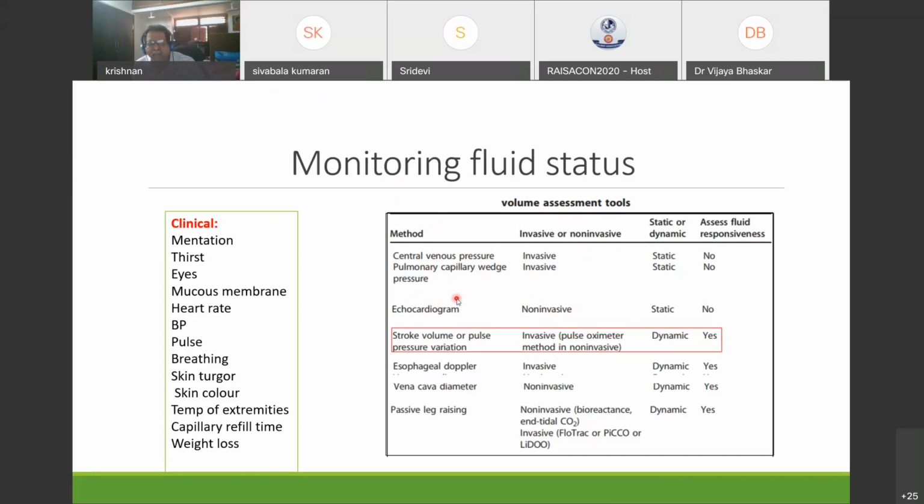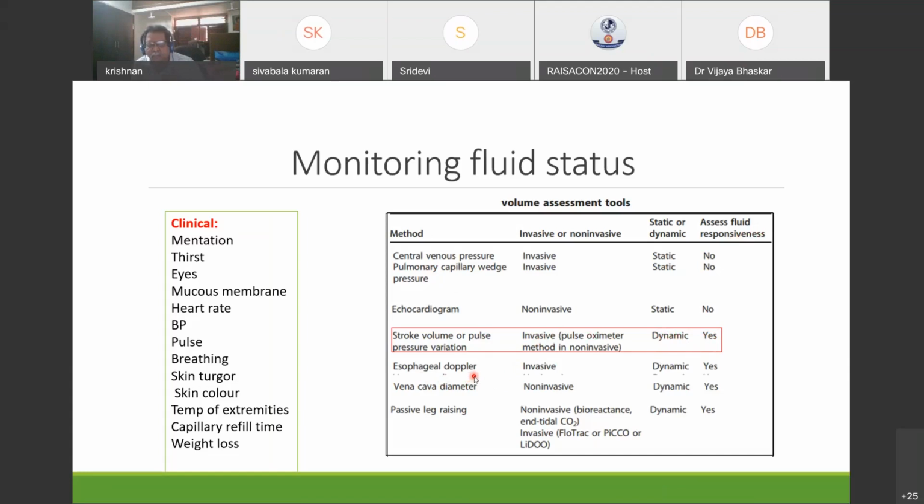What is found to be best is stroke volume or pulse pressure variation. This is an invasive method. It requires monitors of high cost. It tells you the dynamic status. That means it tells you what is the hemodynamic status, what is the volume status. So it is good for assessing the fluid responsiveness.